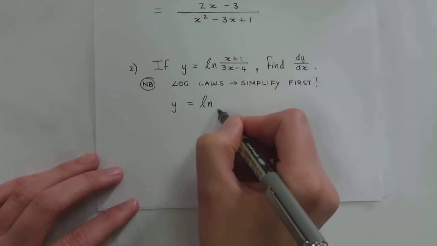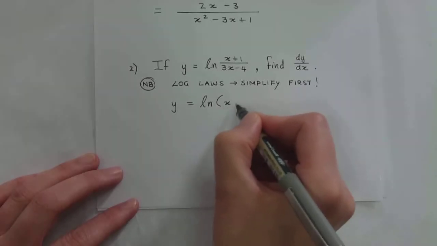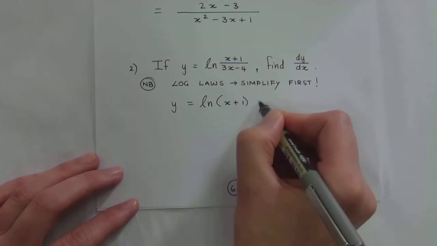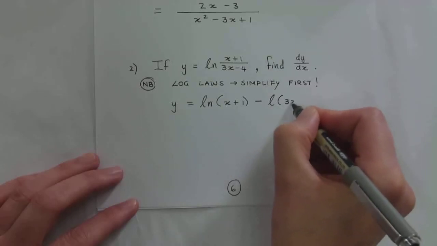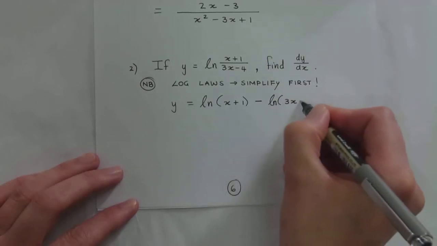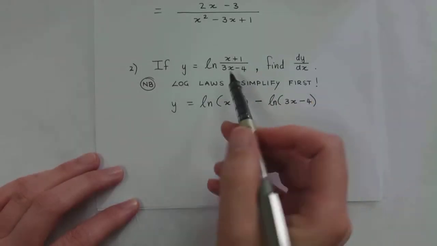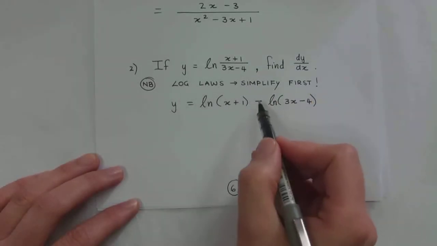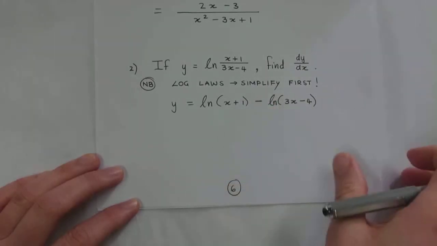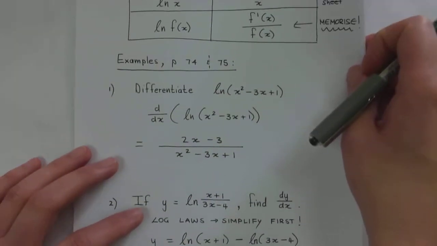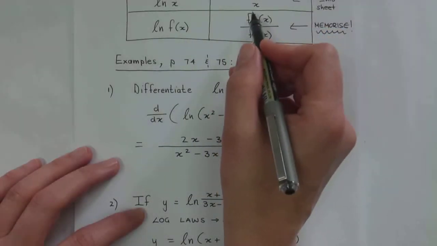So this is ln of x plus 1, and division becomes subtraction, so minus the ln of 3x minus 4. I've just used the subtraction law, but in reverse, to expand.